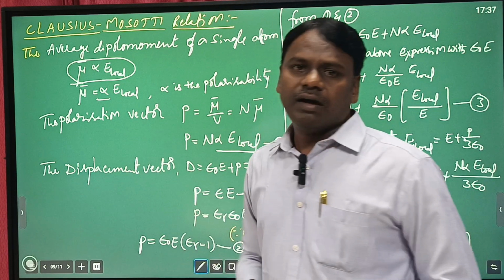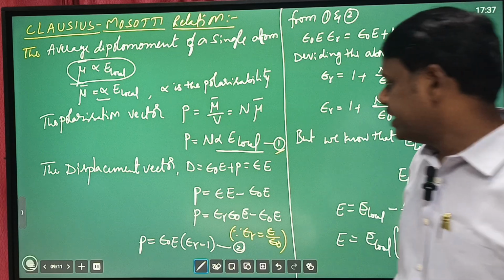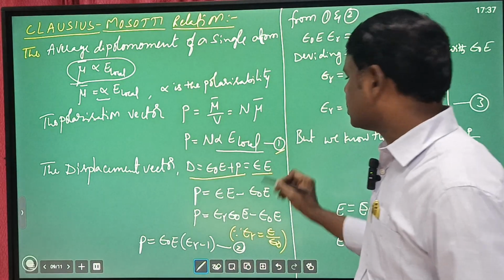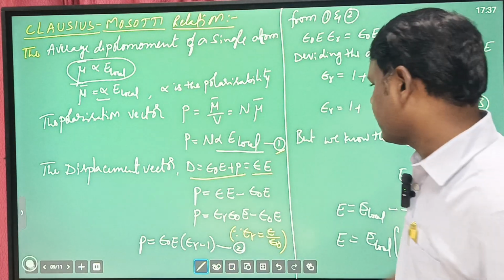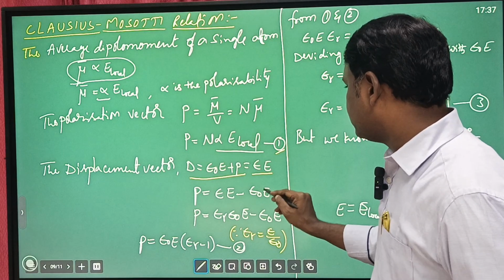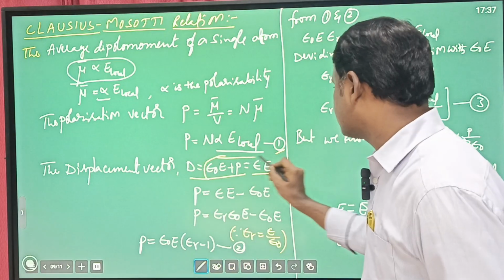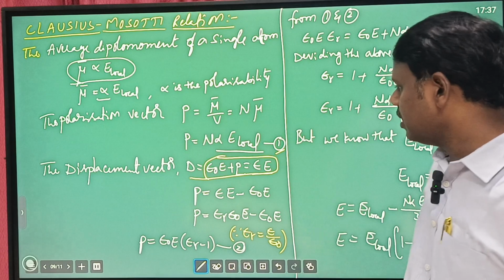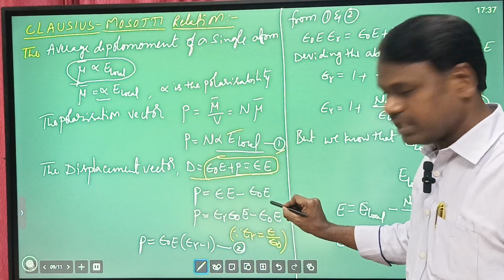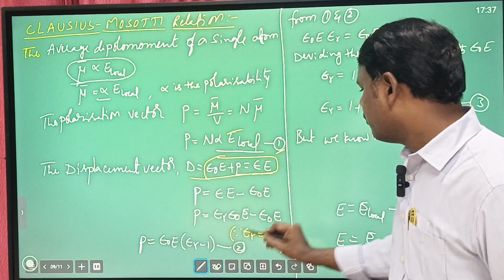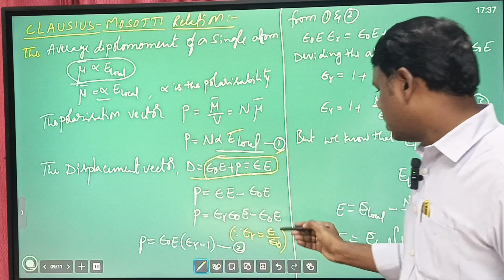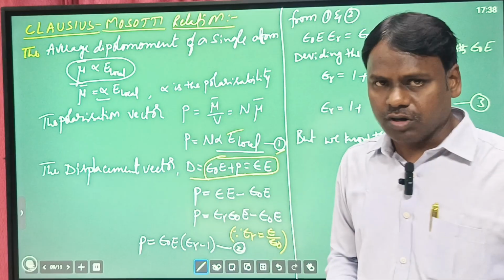Now let me consider the displacement vector. The displacement vector D is equal to epsilon naught E plus P, or that should equal epsilon E. So P is equal to epsilon E minus epsilon naught E. We know the value of epsilon R is the ratio between epsilon and epsilon naught.